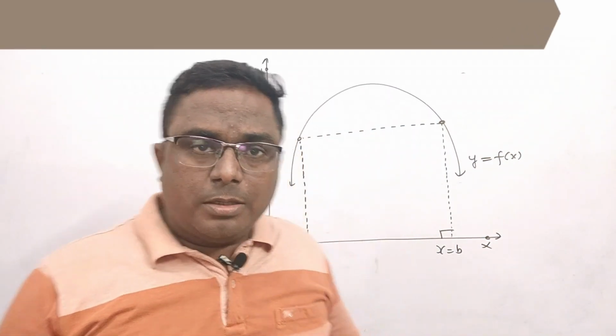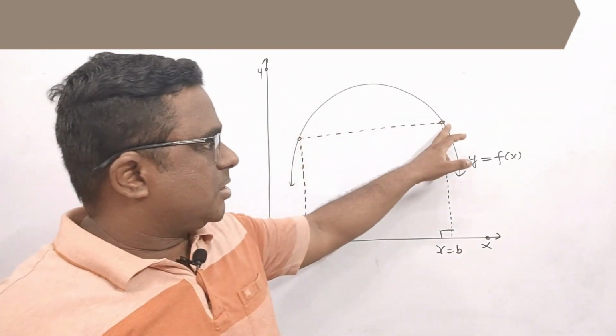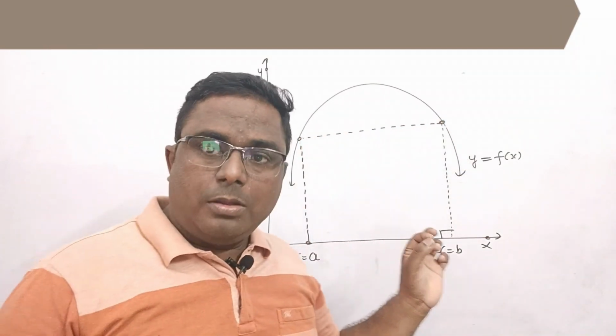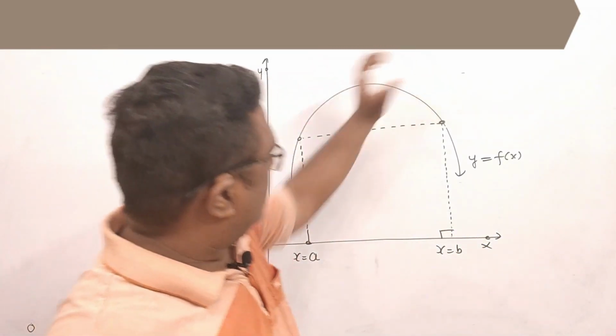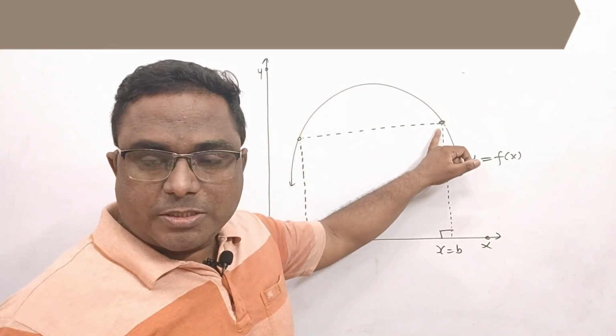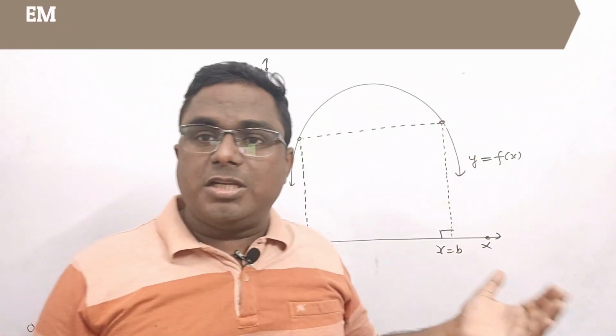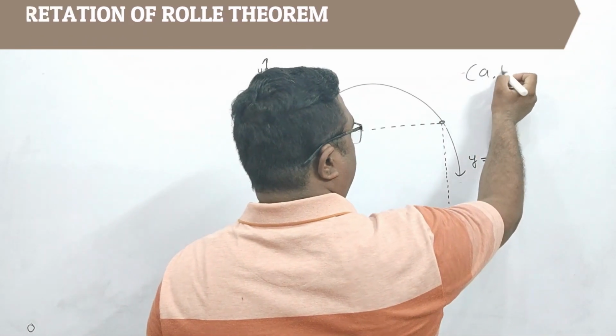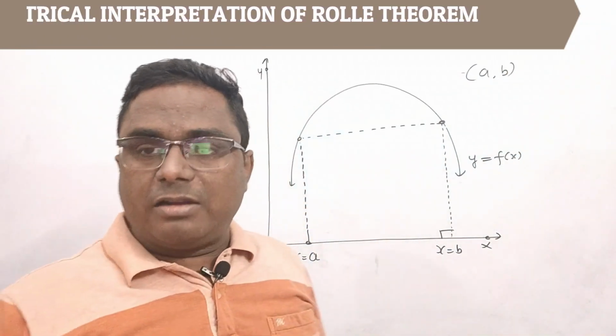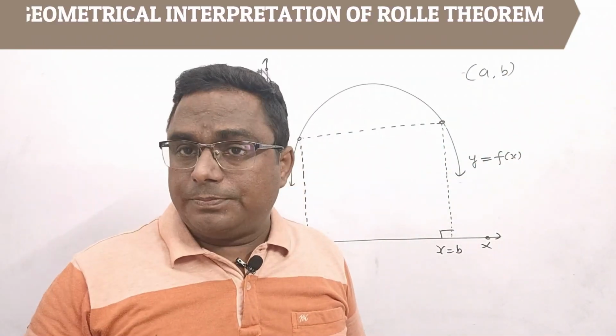In short, I can draw a unique tangent at every point of the curve between this point and this point. It means the function is differentiable in the open interval (a, b), which is the second condition of Rolle's theorem.